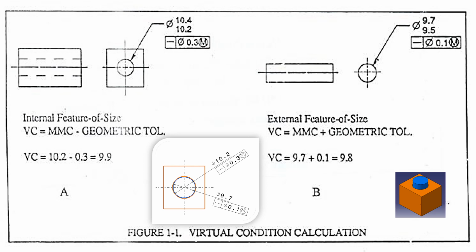For an external feature of size, that is a shaft, the virtual condition is MMC plus geometric tolerance. In this case, the MMC is 9.7 plus geometric tolerance 0.1 mm, so the virtual condition is 9.8.